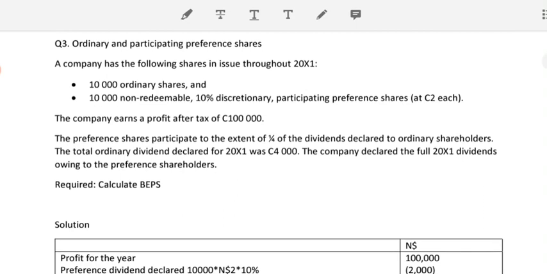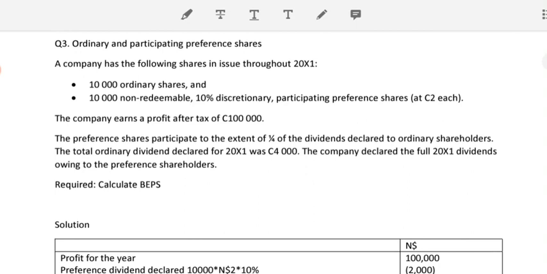Let's move on to question number 3, where we have ordinary and participating preference shares. The company has 10,000 ordinary shares and 10,000 non-redeemable 10% discretionary participating preference shares at $2 each. The company earns a profit after tax of 100.